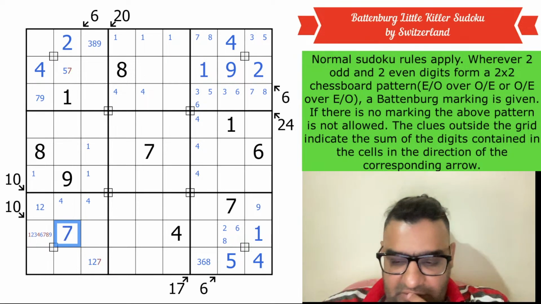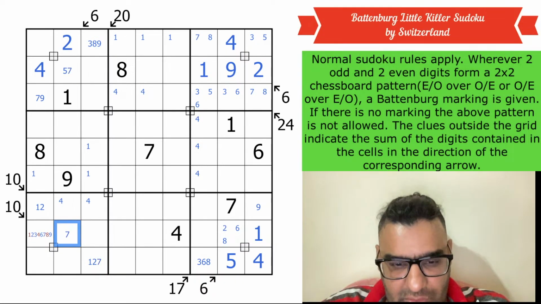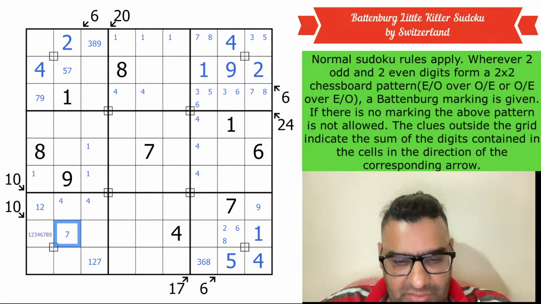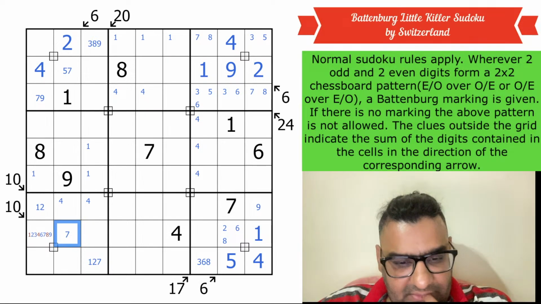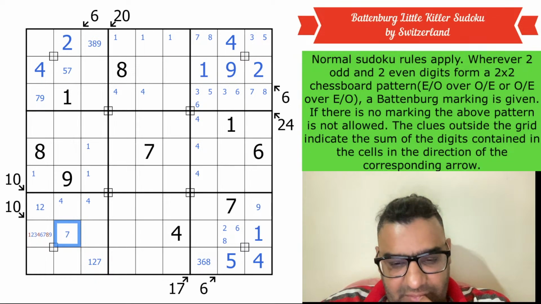If I check, 1 cannot be here, and 2 cannot be here. And we only have 7, 2, and 1.